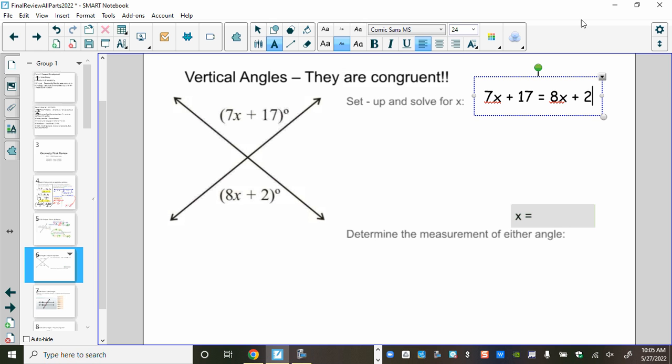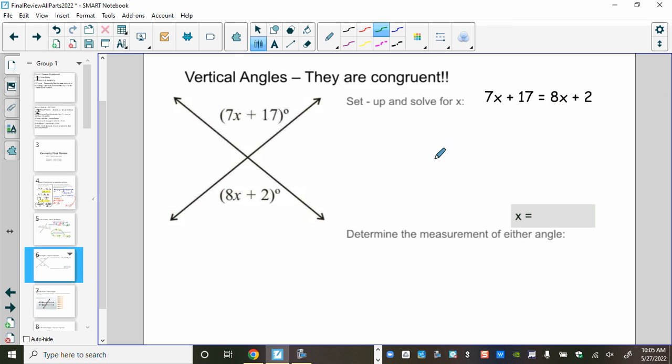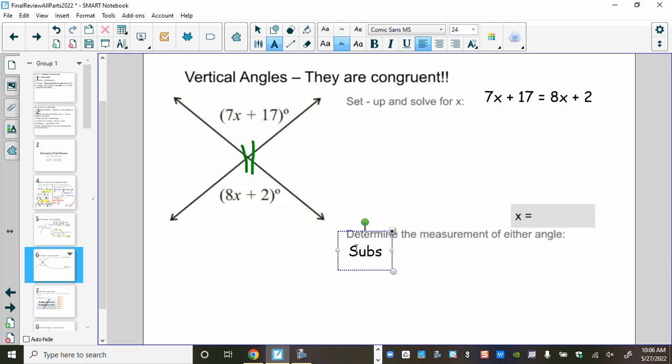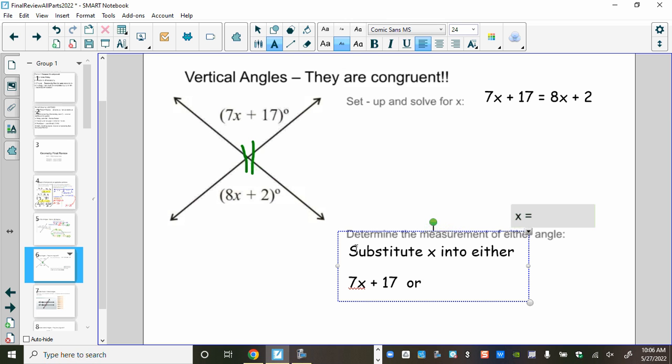And then after you get your x, do you only have to solve for one or both angles? Just one, because they're the same. You only need to do one or the other. You don't have to do both.